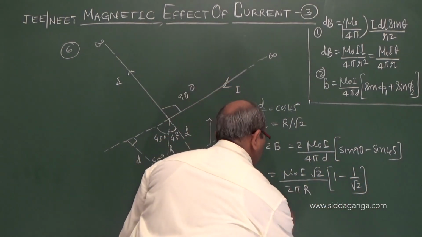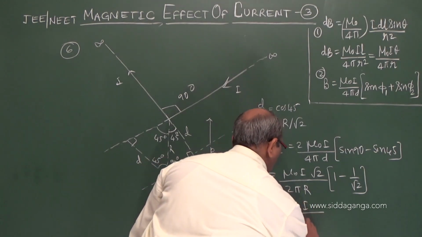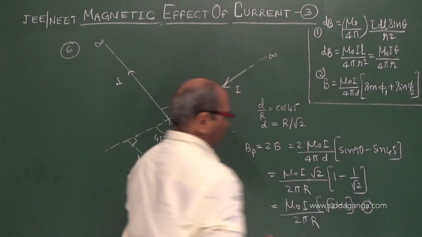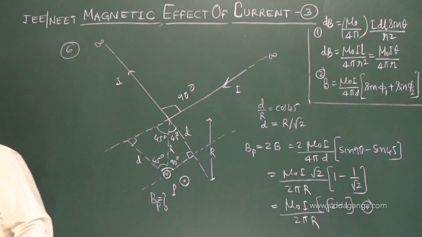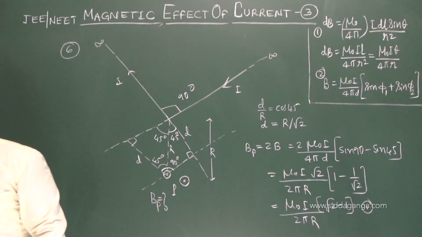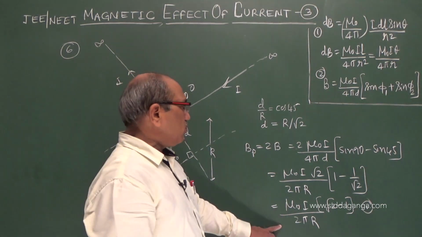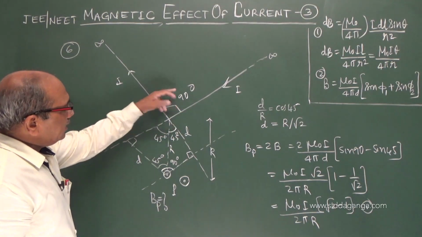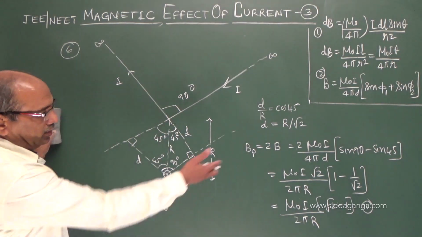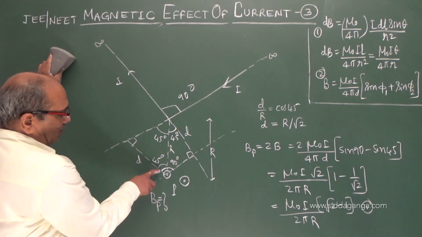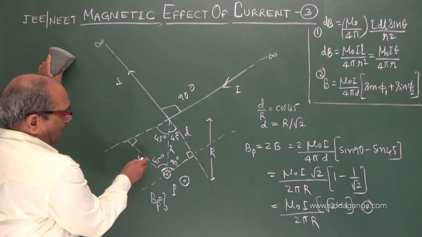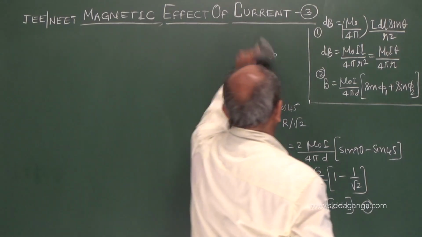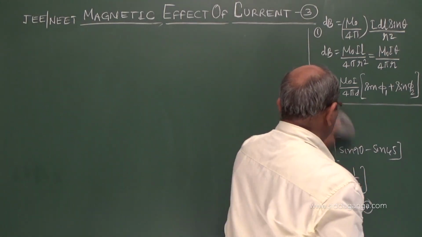Root 2 cancels, mu naught I upon 2 pi R into root 2 minus 1, outward field. So that is the expression for the magnetic field acting outward. I think you followed how at this point the wire is bent making 90 degree and a vertical line drawn which suggests 45 degree, and you got the final answer. Be very careful at this point with the measurement of angle and calculation of D, and using the same equation of magnetic field produced by a straight conductor.